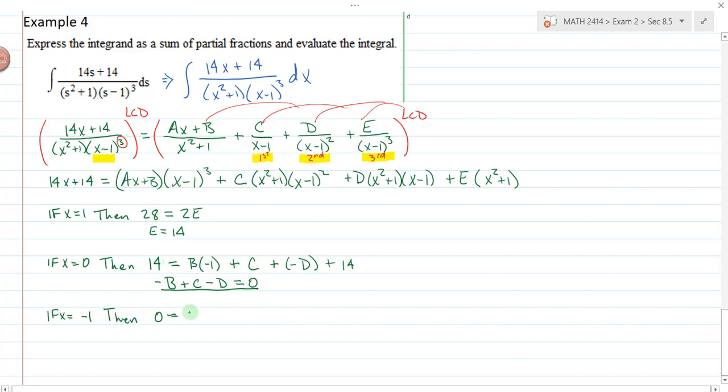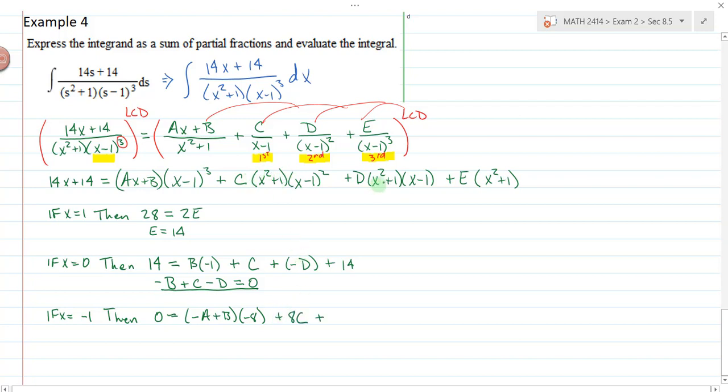So this is going to be negative a plus b times negative 8. When x is equal to negative 1 here, negative 1 squared is 1 plus 1 is 2. Negative 1 minus 1 is negative 2. Negative 2 squared is 4. So 2 times 4 is 8. So that's just going to be 8c.